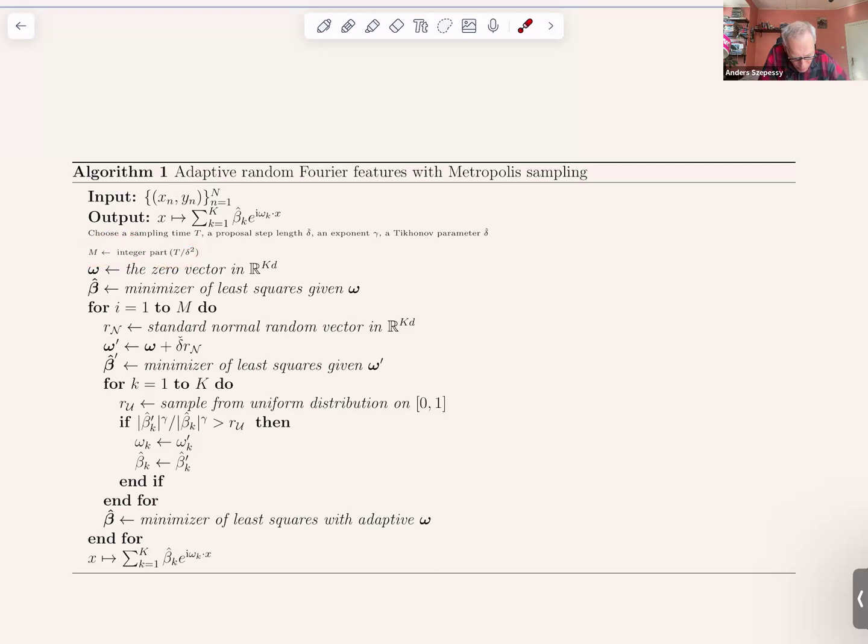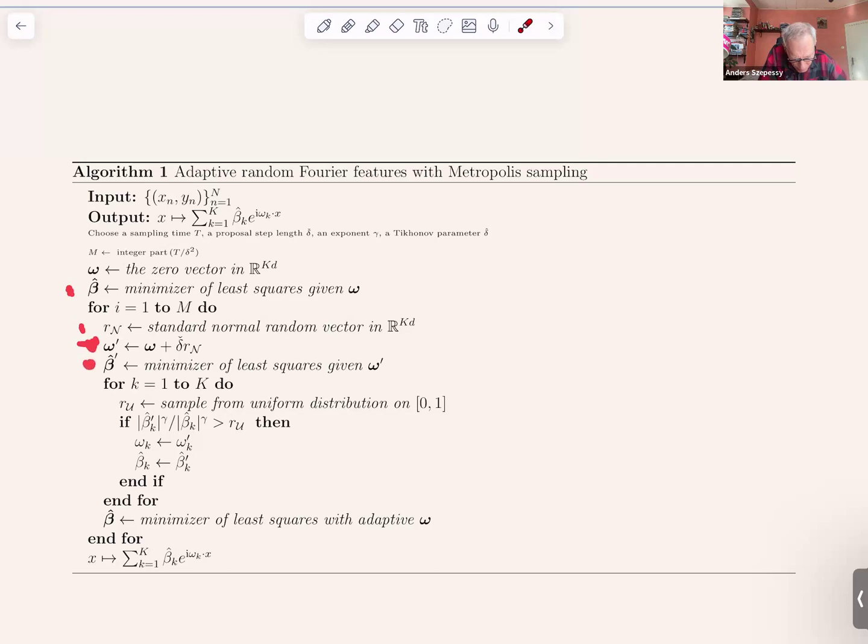So you start out with a 0 frequency, and then you compute the neural network amplitudes, and you do a random walk here in the frequencies.